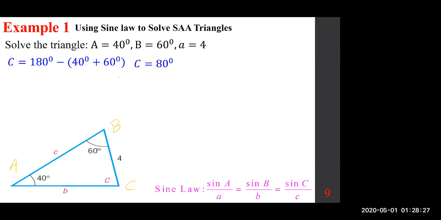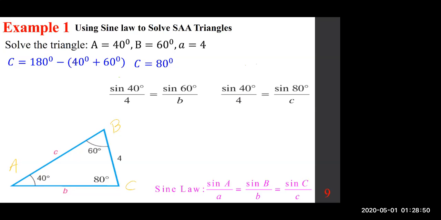Well, sine A over A equals sine B over B equals sine C over C. We have a couple of angles, so we can write the opposite sides. We can write sine 40, the opposite side is 4.